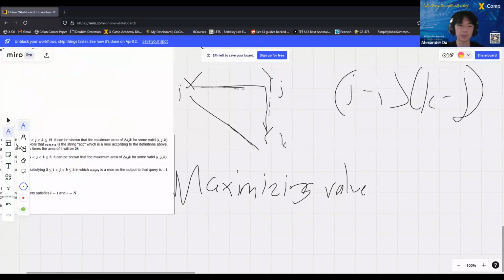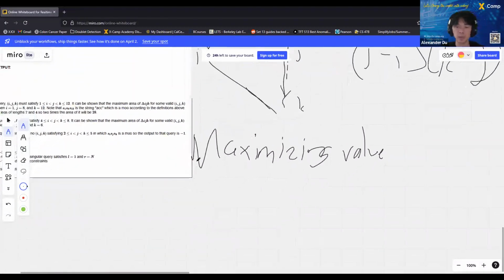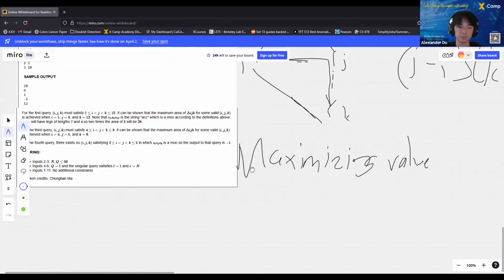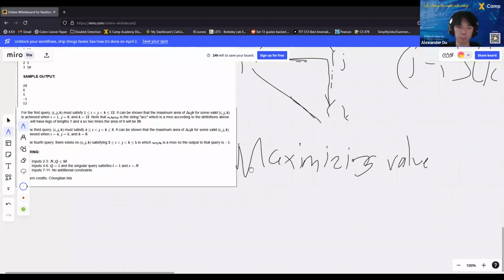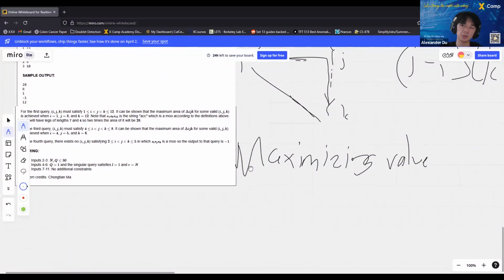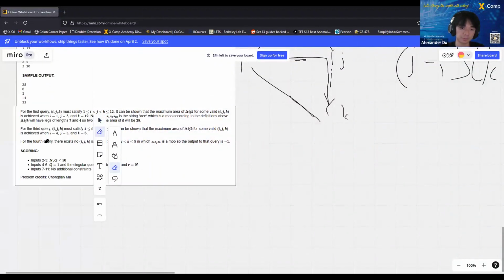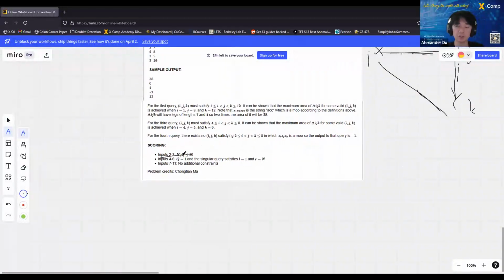I'll talk about the brute force later. Actually, no, I'll talk about brute force first, because I think the brute force kind of gives a hint as to how to do this. Okay, first brute force case: n, Q less than 50. Well, these numbers are really small, right?